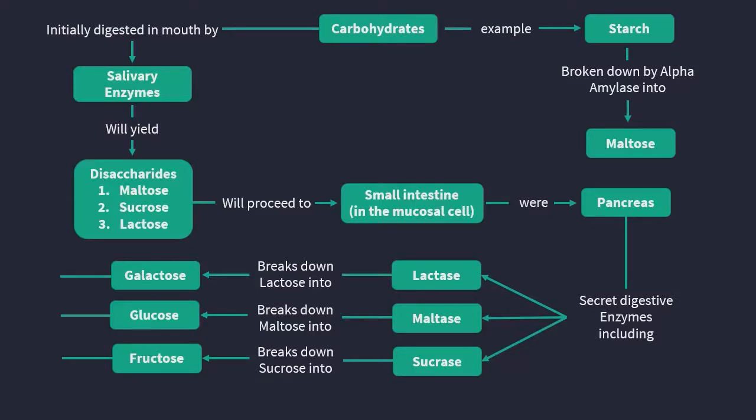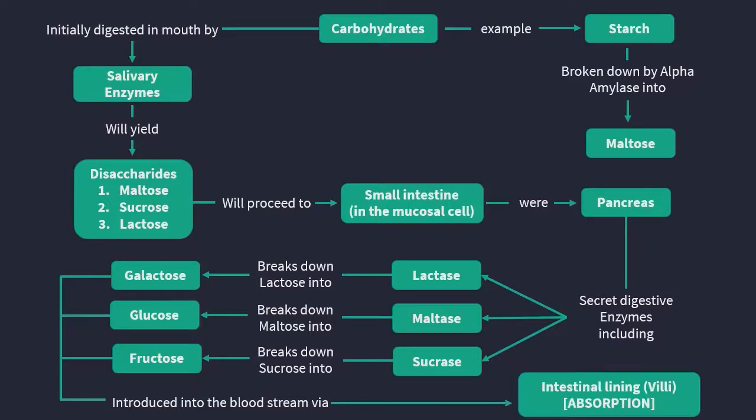Galactose, glucose, and fructose, the monosaccharides, will now proceed to our bloodstream, and this is introduced via the intestinal lining called villi. This is where the absorption of our carbohydrates happens.